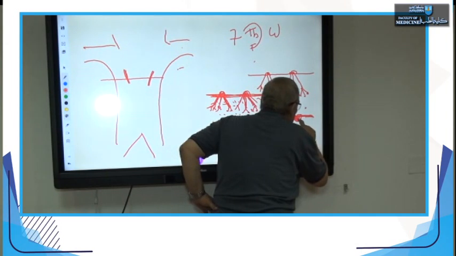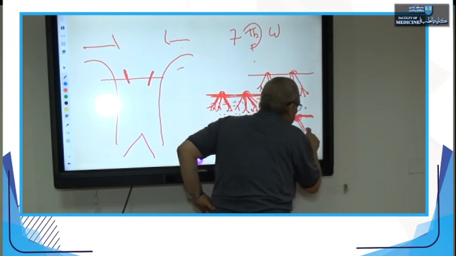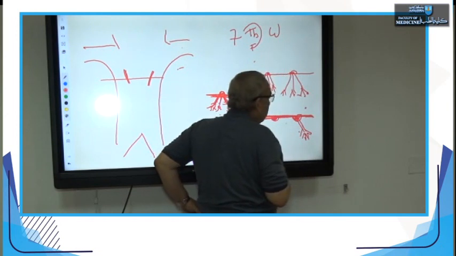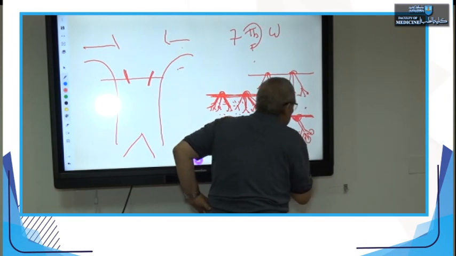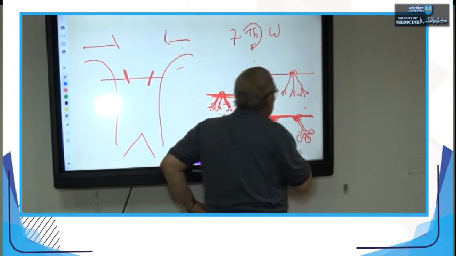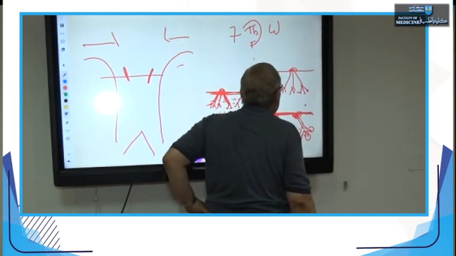Then each duct will be canalized to form the lactiferous duct, and then the small ducts will be canalized to form the alveolar ducts, and finally will terminate into the acini. This finishes, we have the acini, we have the ducts, and we'll go down.